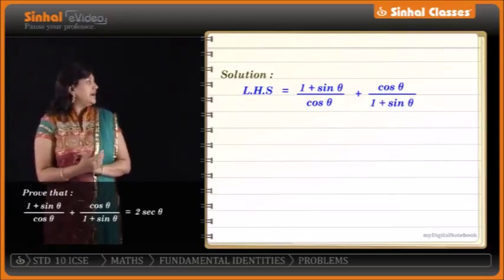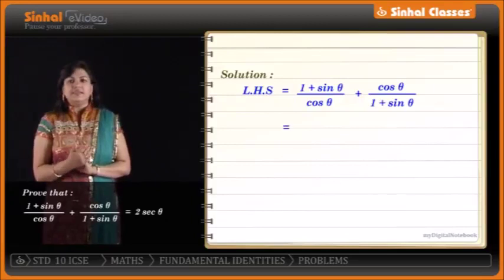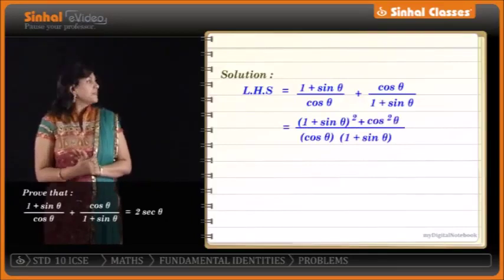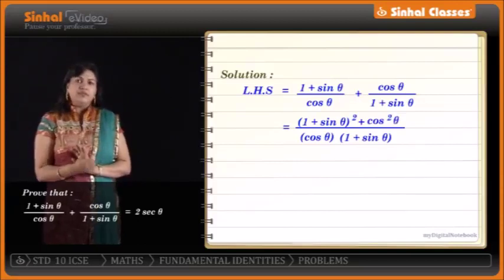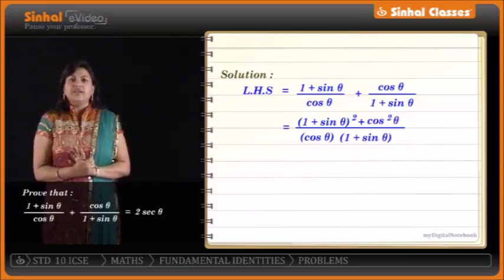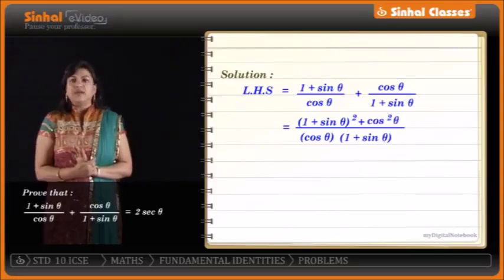The numerator becomes 1 plus sin theta the whole square plus cos square theta. Now expand the numerator. It is of the type a plus b the whole square. So we have a square plus 2ab plus b square.